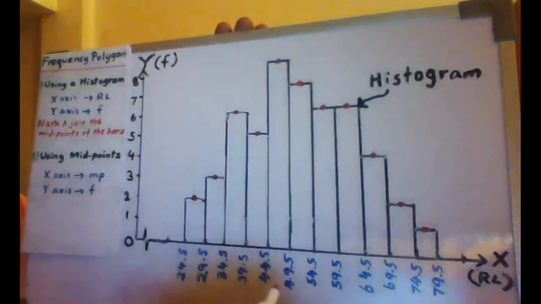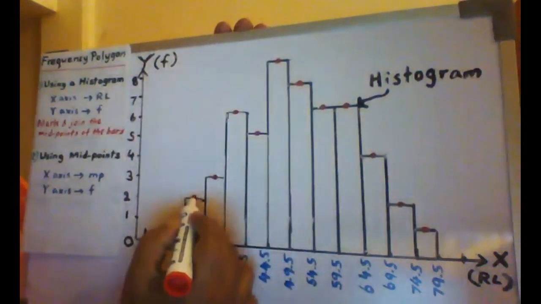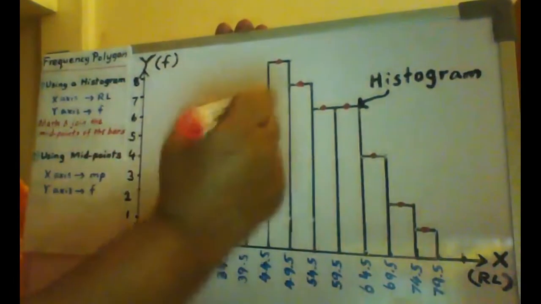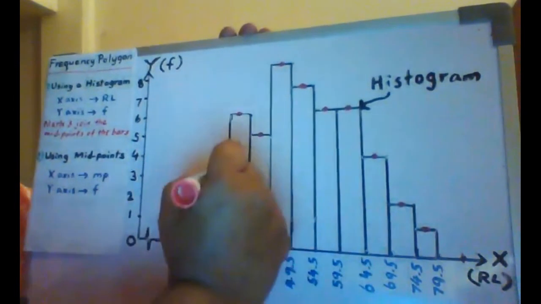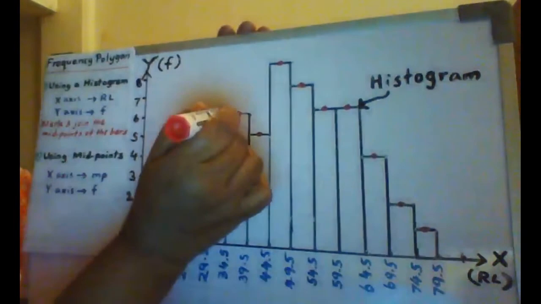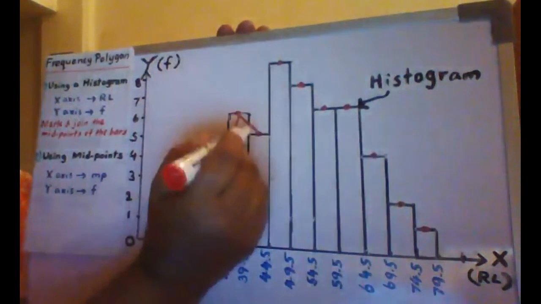Use a ruler and join the points here like this. This one. Use a ruler. Here to here.